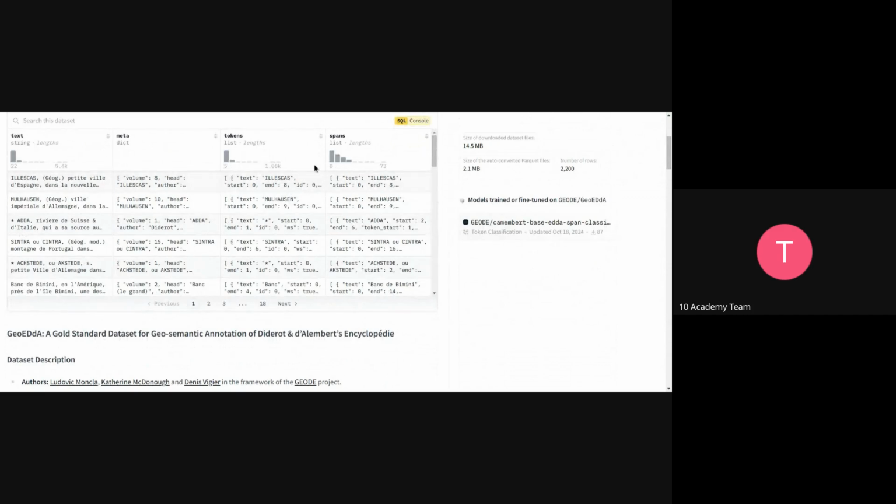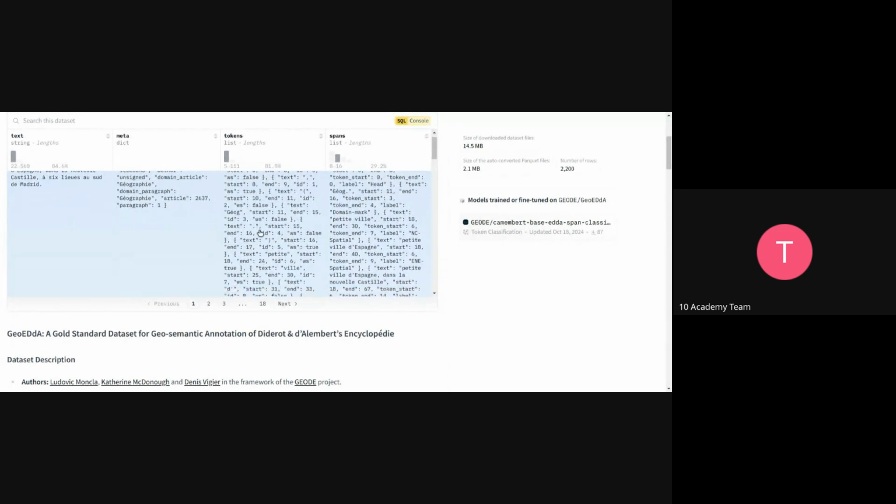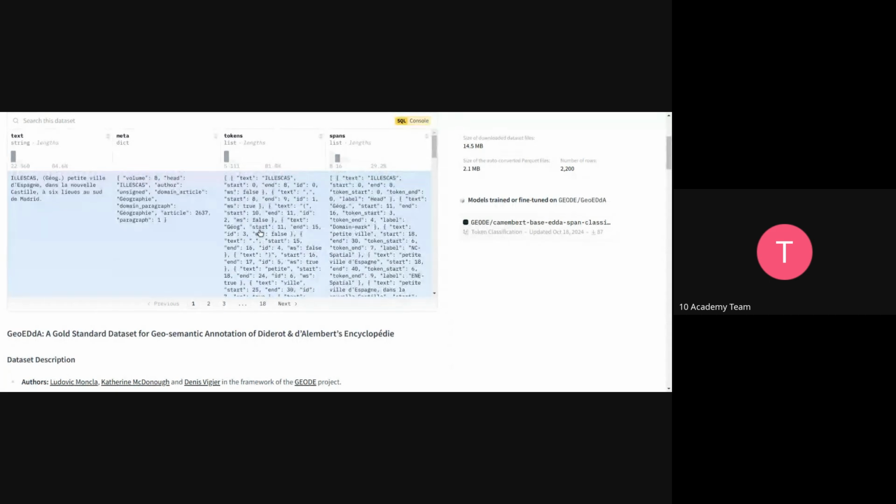You can see that for each text, you get a set of tokens, and then for each, there is either a label or not, depending.